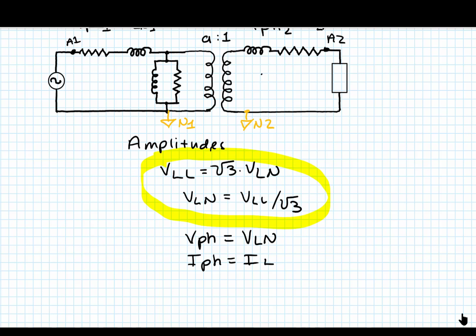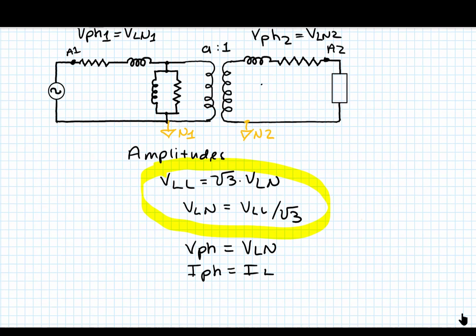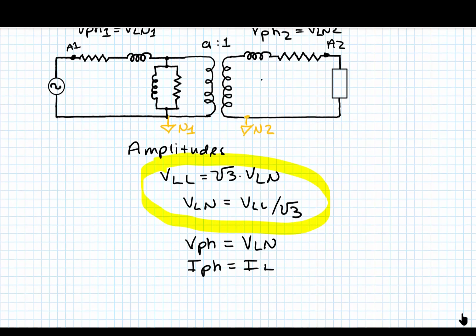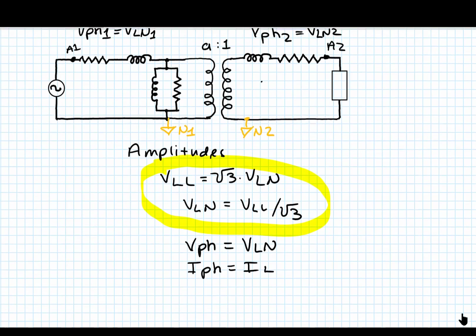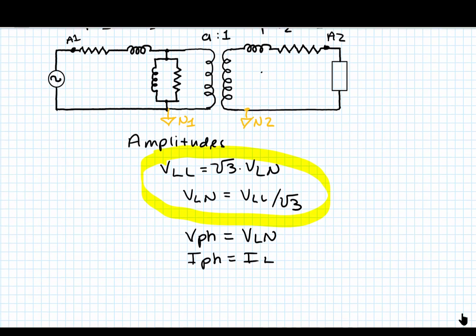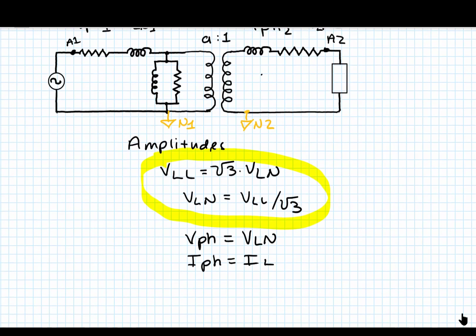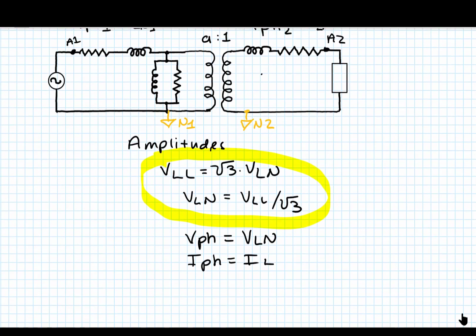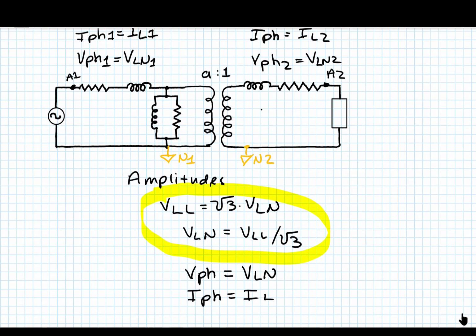The point of this lecture is to point out that depending on the transformer winding connections, whether it's Wye-Wye, Wye-Delta, Delta-Wye or Delta-Delta, these relationships will be different. They are exactly this in the case of the Wye-Wye connection.